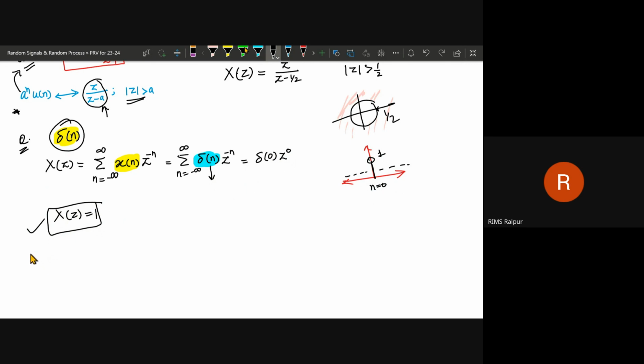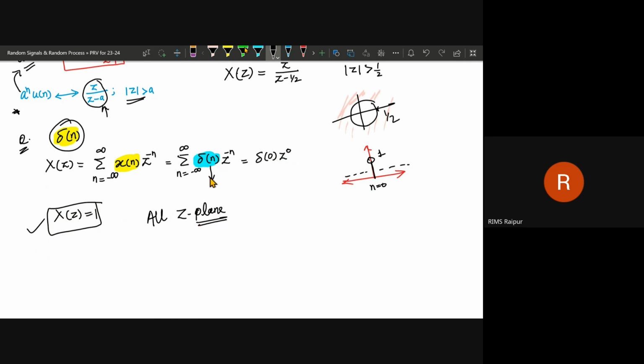Yes, any guess? What could be the ROC of this function? It will be all Z plane, because there is no terminating condition.